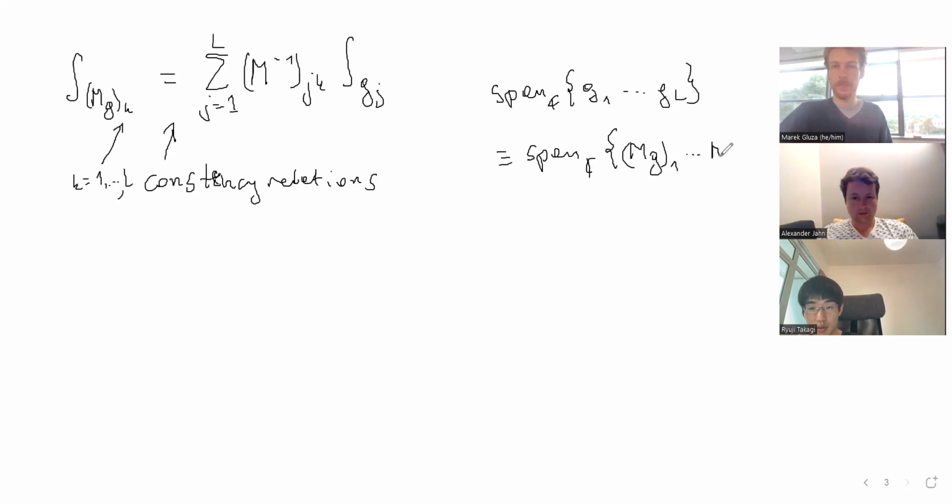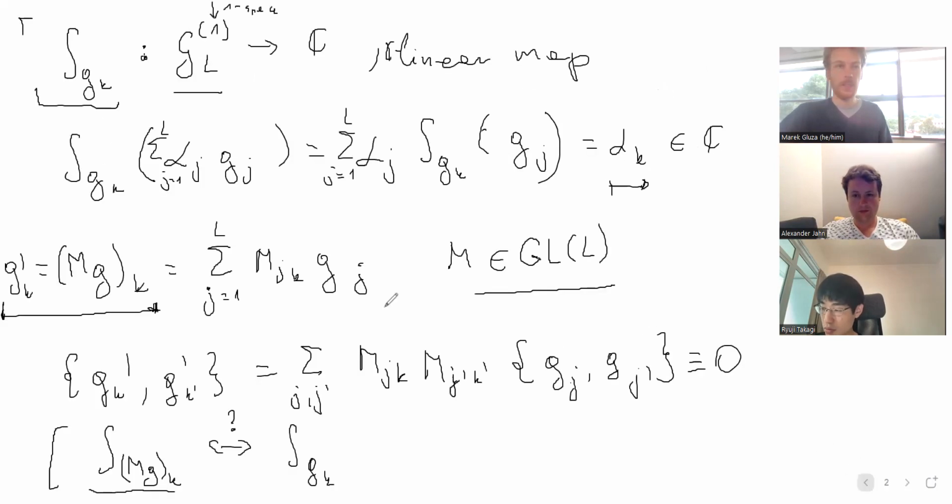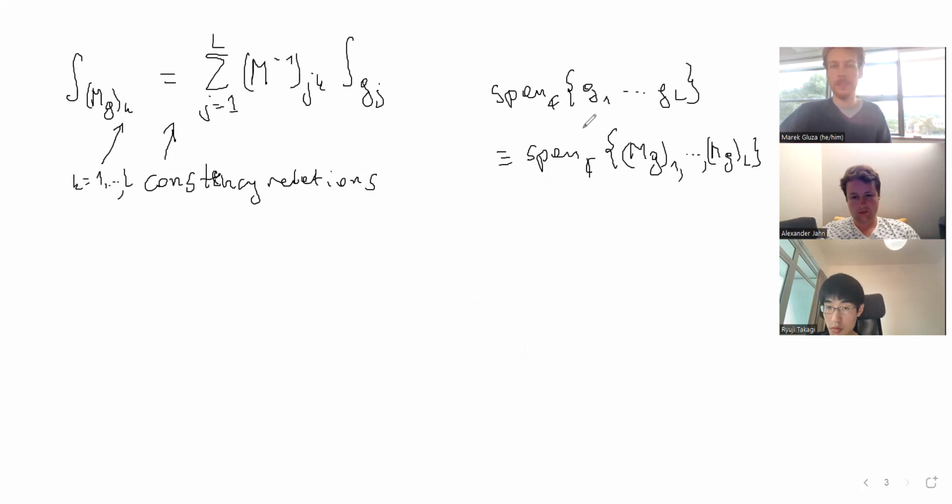So it's the same vector space. So the integrals should somehow be related to each other. And again, the definition of those transformed Grassmann variables here is just a linear combination of the previous ones. It's an invertible matrix. So those linear spaces that are spanned are consistent with each other. And this is what I call this G1 space.